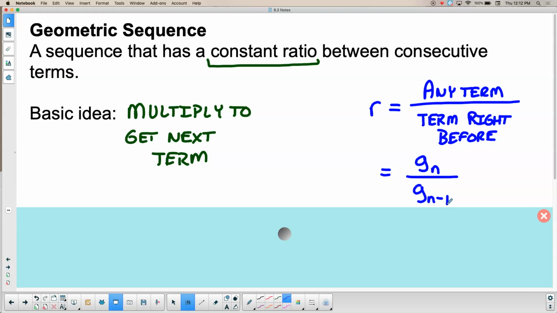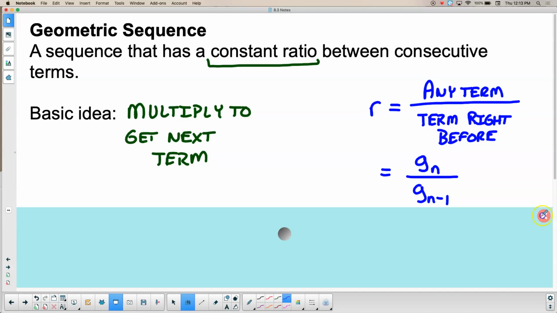Okay. We're switching from A's to G's. Okay. G for geometric, A for arithmetic. So all of your formulas, if it's an arithmetic formula, will have A values in it. All of your geometric formulas will have G values in it. It's one way that you can tell the difference. Okay?